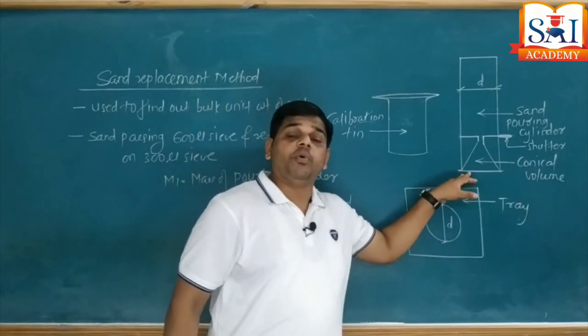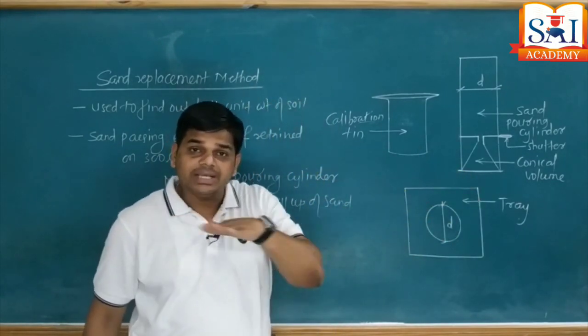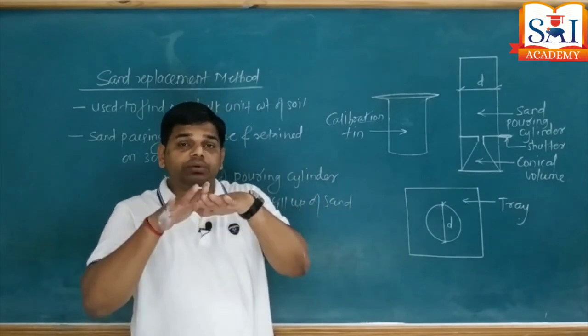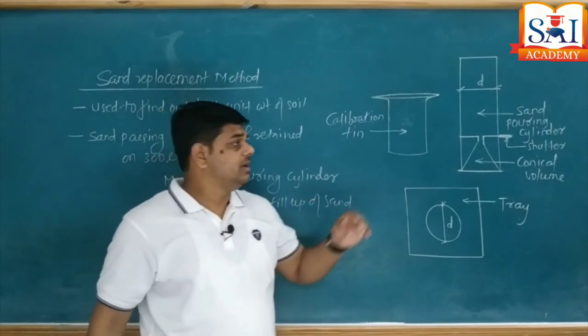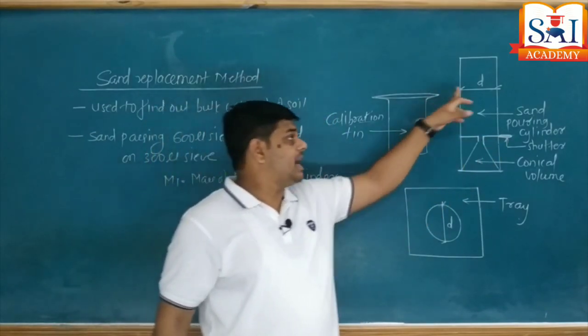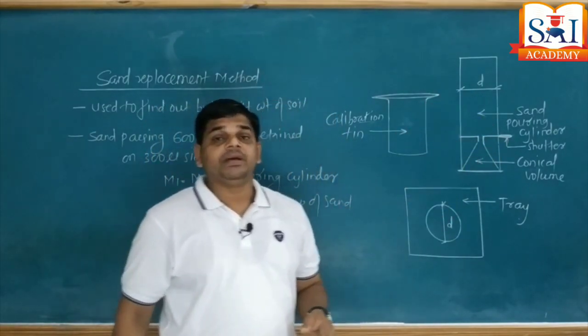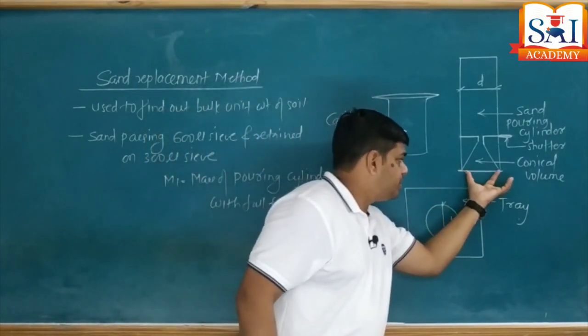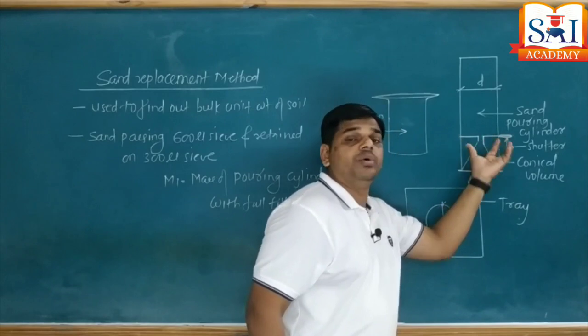Then this pouring cylinder is kept on a glass surface or a smooth, uniform surface without undulation, and the shutter is released. When the shutter is released, sand moves in a downward direction, and as it moves continuously, the sand is going to occupy a volume of conical shape.